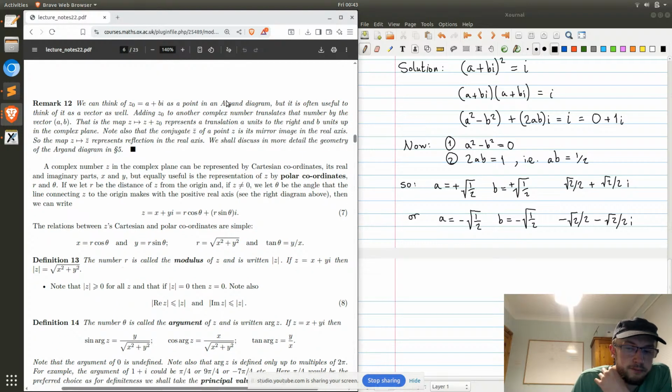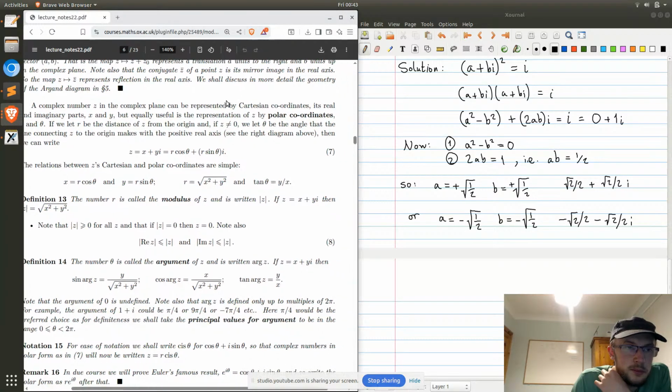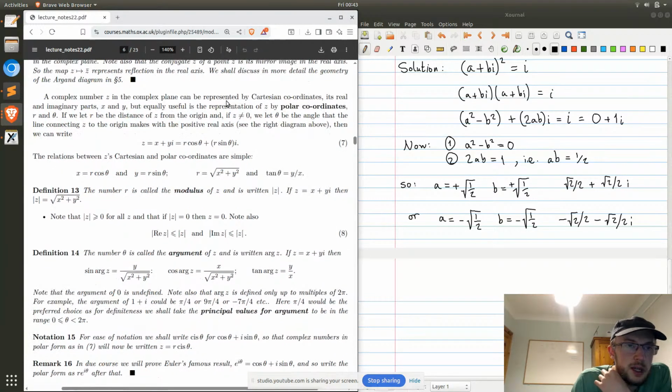Now, a complex number z in the complex plane can be represented by Cartesian coordinates, its real and imaginary parts x and y.